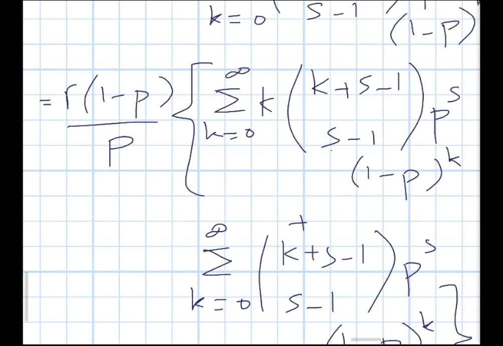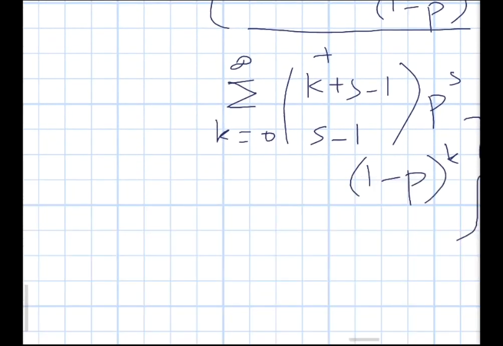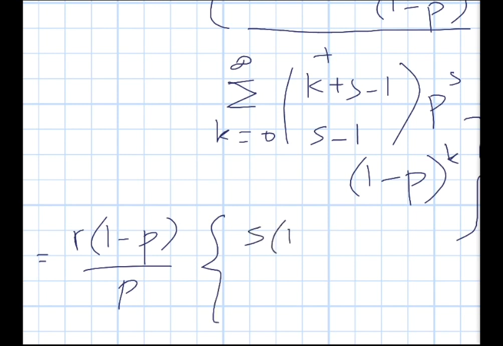Now note that this first summation is nothing but the expression for the mean of a negative binomial with parameter s. So outside we have r times (1 minus p) over p, and the first part is s times (1 minus p) over p.